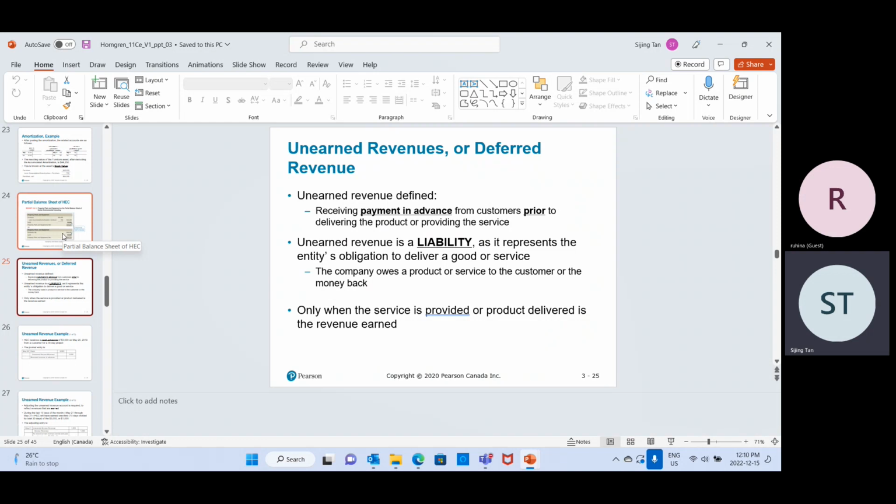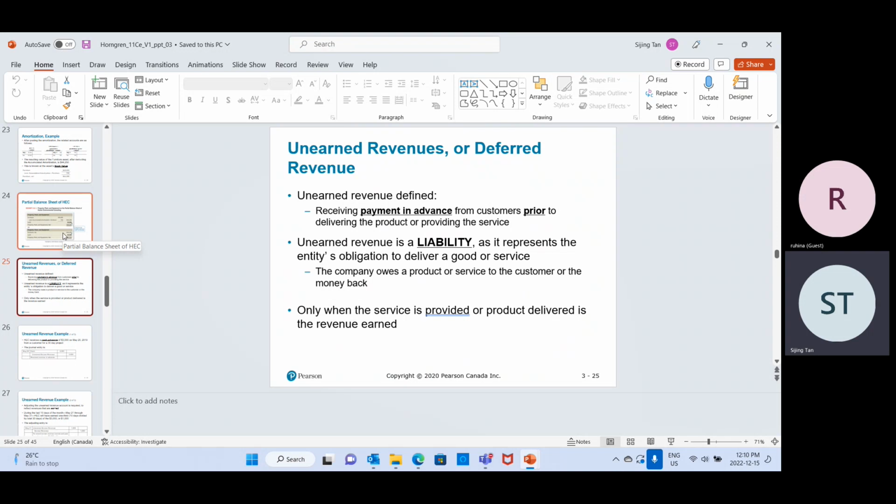For example, for a New Year's party in December, they will order the food in early December from you, right? They will give you a bunch of money, maybe $10,000, and say you're going to provide this catering service for them on January the 1st. Then you receive the money, but you haven't provided the service yet.